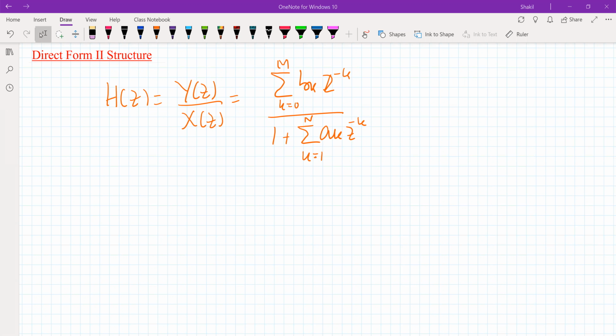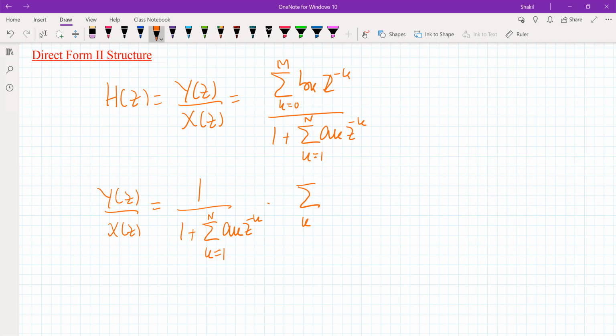Now, in the previous session, we first wrote the zeros and then the poles. In this session, we'll first write the poles, then the zeros. Let's see what will happen to this. So first, we'll write this part, then we'll write this part.